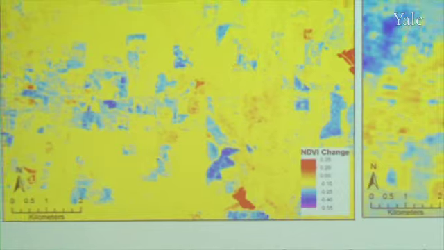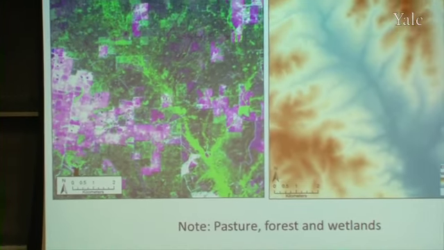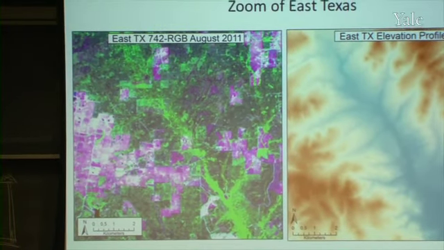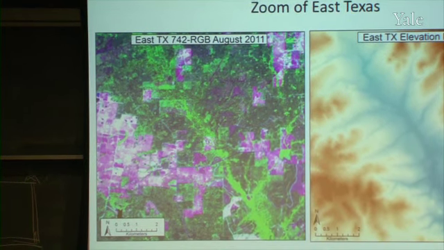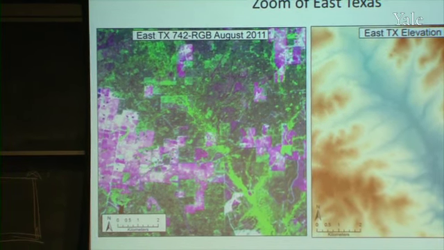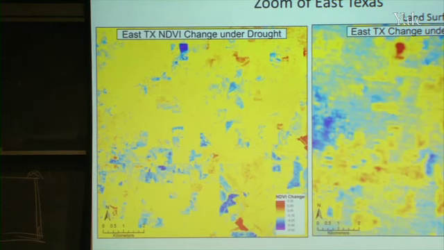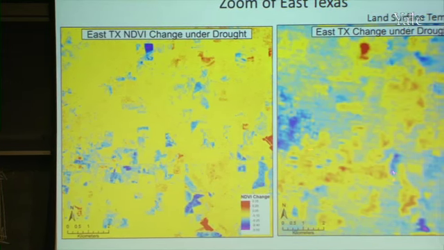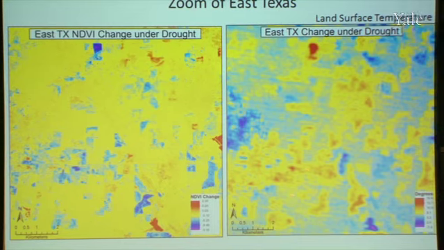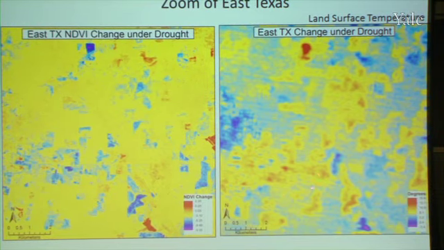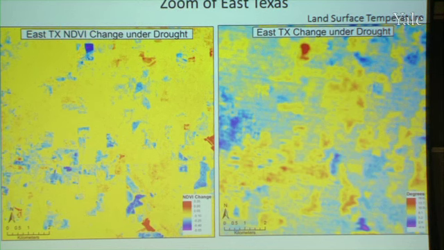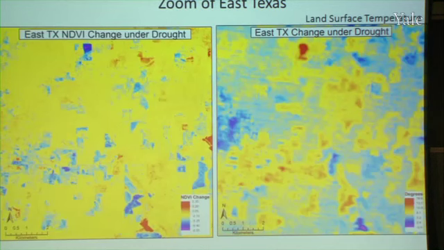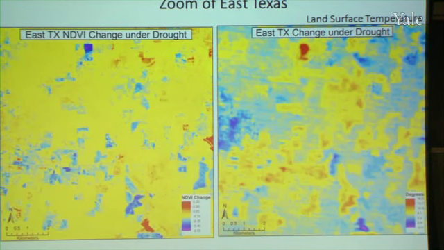Not every pasture, but generally the pasture land responds more strongly to drought in terms of dropping its vegetation. And with temperature, some of the highest increases in temperature are in this region, and also a little bit up into this region. Let's see what that was up there. See if that was also pasture. Yeah, I think it was, yeah.